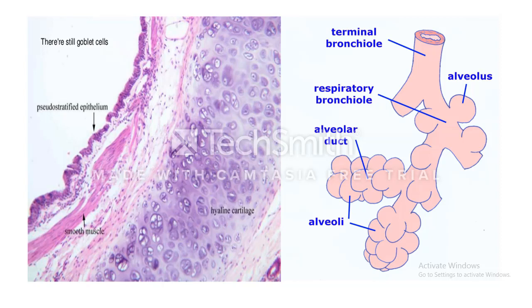What is the difference between trachea and bronchus? The bronchus is similar to the trachea, but in the histology of the adventitia, we observe cuttings of hyaline cartilage. Very good.